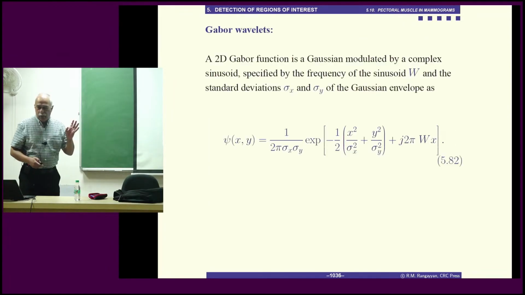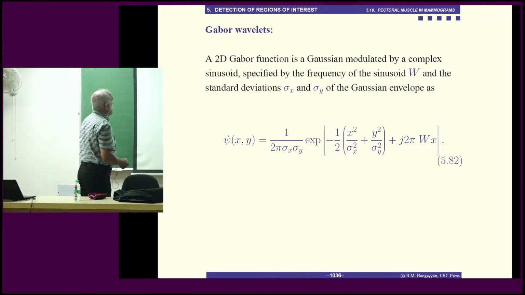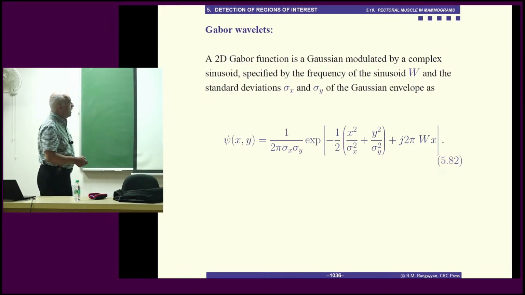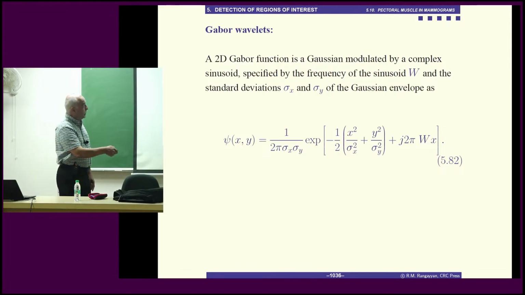Now let's look at Gabor wavelets, but we will see this at least 2 more times in chapter 8. Gabor wavelets are Gaussian functions. This part is a Gaussian, modulated by a complex sinusoid. But this could be changed to just a cosine function or a sine function as you wish. This includes both sine and cosine.